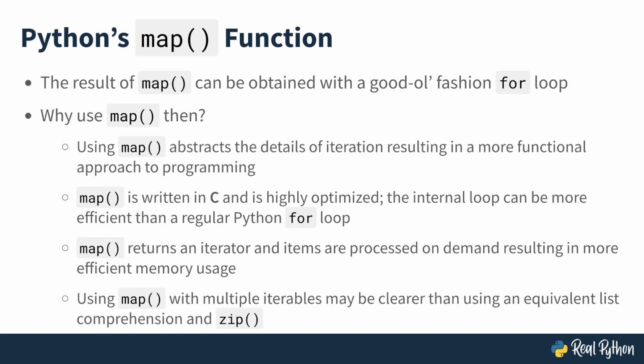Now, another reason why you may want to use the map function is that when you have multiple iterables, it may be clearer to use the map function than using an equivalent list comprehension and the zip function. And we'll make this comparison in a later lesson so that you can see for yourself whether, in some cases, it is maybe a little bit more readable to use the map function over, say, a list comprehension with the zip function. All right, let's jump into the code.